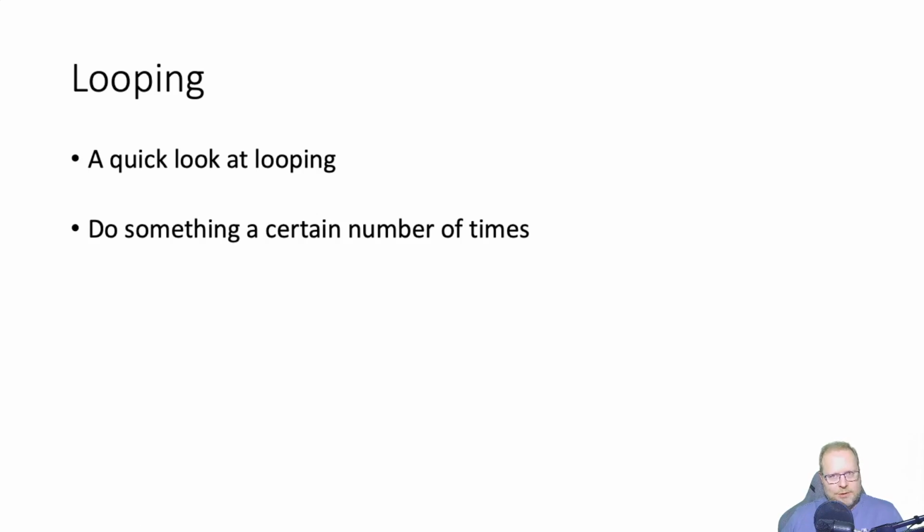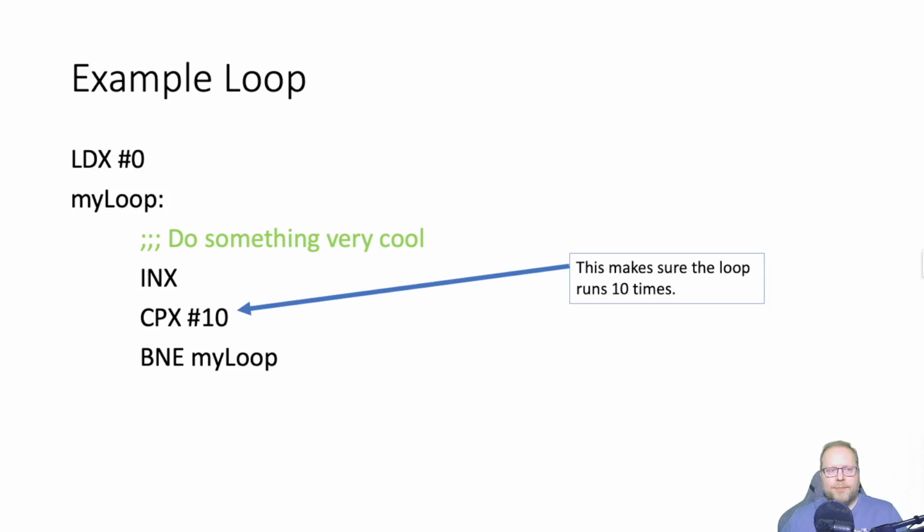So how can we do that in assembly language when we don't have while, next, for, whatever? Well, we do it this way. This is an example loop. We need to use the X or the Y register. We can use both. They work the same in this case. So here I say load X with 0. Starting out by loading X with 0.